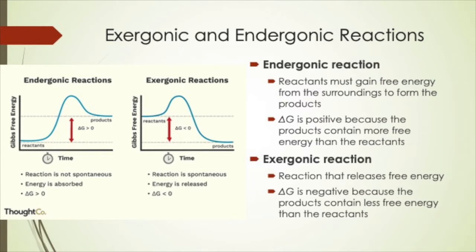Exergonic versus endergonic reactions. So endergonic reactions, these are reactants that must gain free energy from its surroundings. So the system must gain free energy from its surroundings in order to form the product, right?